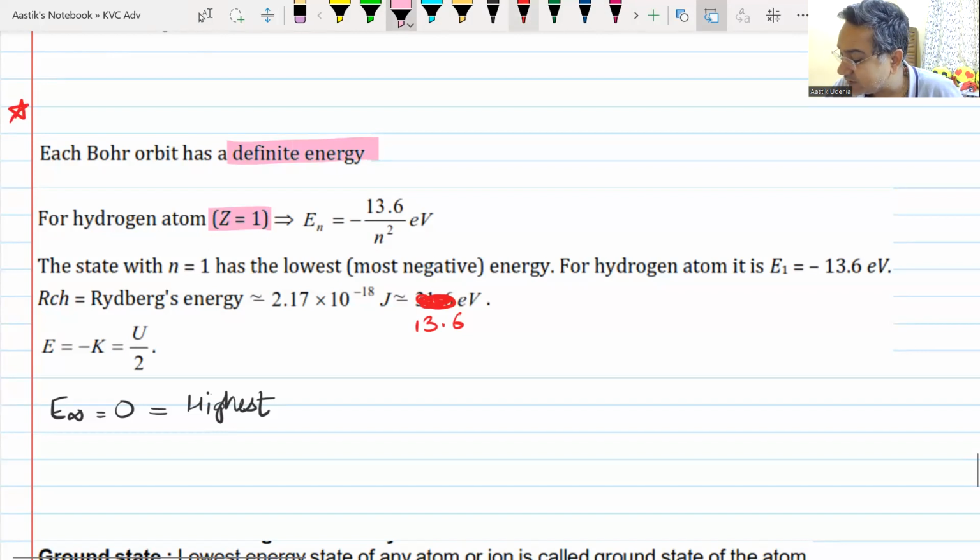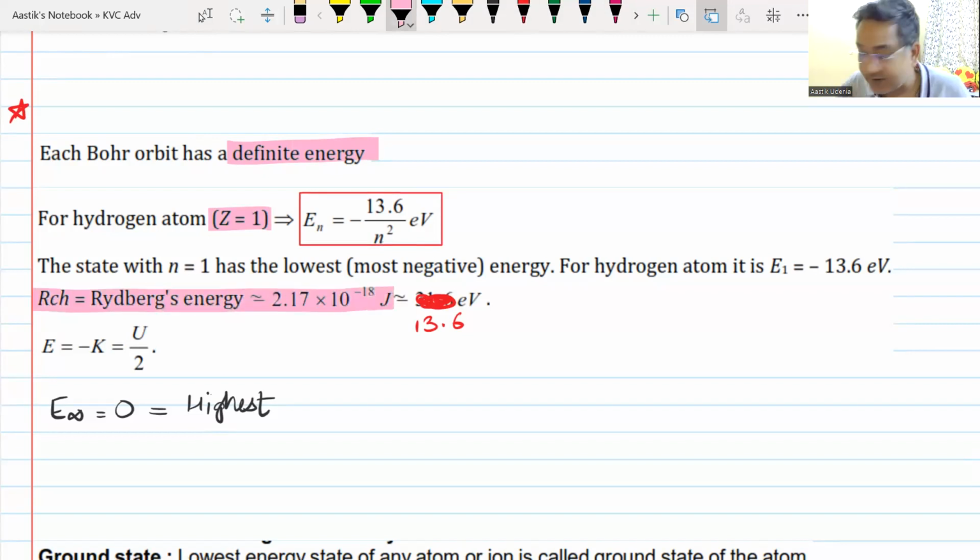We all understand this. Yes, sir. This RHC is known as the Rydberg's energy, which is actually equal to 2.17 into 10 to the power minus 18 joule, which comes equal to 13.6 electron volts. Do we understand this? Yes, sir.